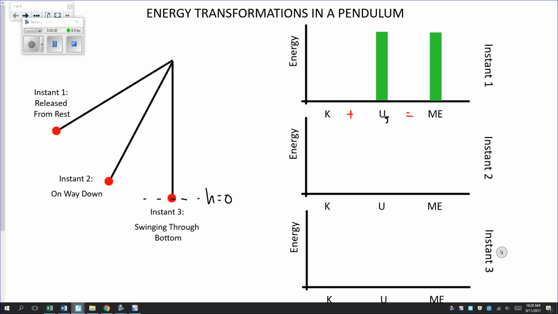Now, what else do we know for any other instant? The ideal conclusion you were able to draw from the lab that we did was that, well, we didn't really even look at instant 2. We just looked at this instant here and this instant here.